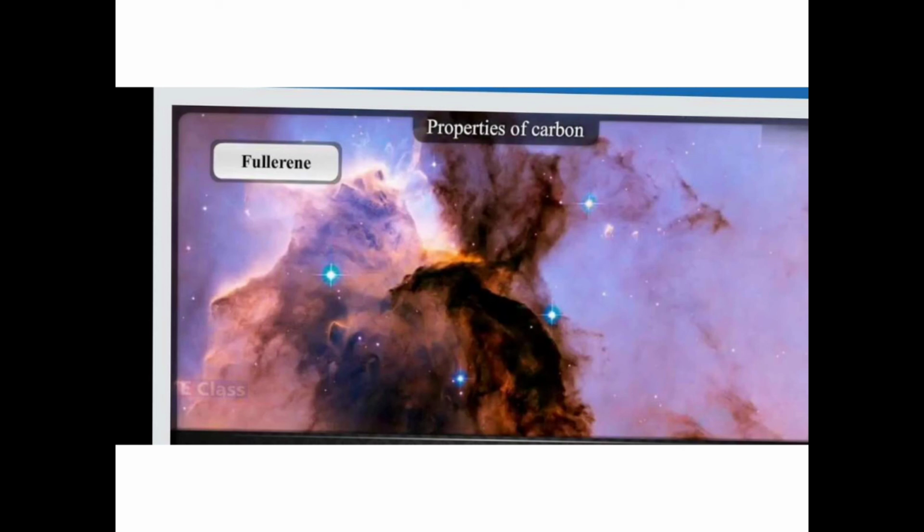Fullerene, an allotrope of carbon, is rarely found in nature. It is not found very much. Okay. It is found in soot and in interstellar space.